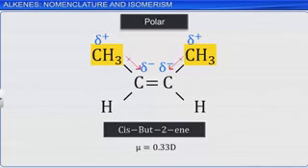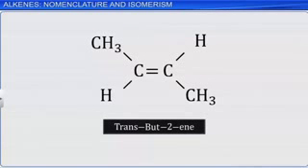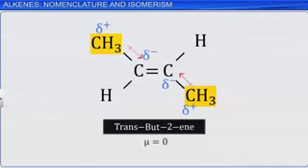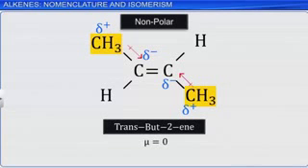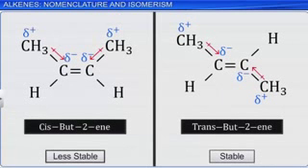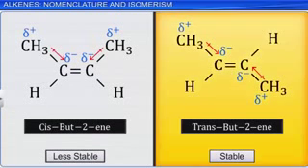However, in the case of a trans but-2-ene molecule, the two CH3 groups are present on the opposite sides of the double bond. Thus, the bond dipoles of each CH3 bond cancel each other, making the molecule non-polar. Hence, we can conclude that trans isomers are more stable than cis isomers.